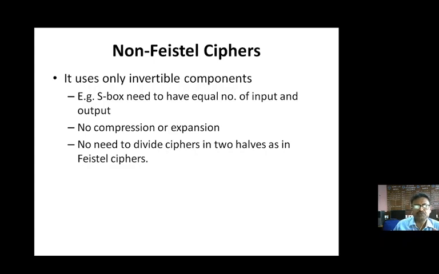No expansion is being done, no compression is being done. No need to divide the cipher into two halves as we do in the Feistel cipher. So this gives the idea of the non-Feistel cipher. AES, that is Advanced Encryption Standard, is an example of a non-Feistel cipher.